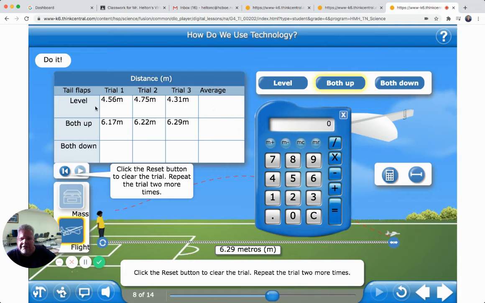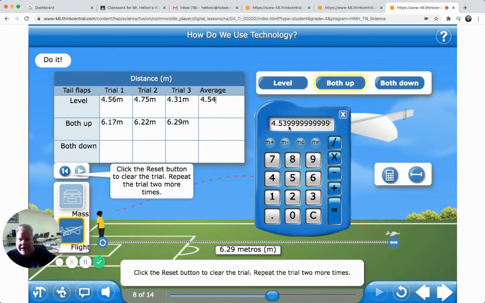So do you know how to find an average? What you do is add the numbers together, and then you divide them by how many numbers there are. So how many are there right here? 1, 2, 3. So let's add them together. 4.56 plus 4.75 plus 4.31 equals, and we're going to divide it by 3, and our average is 4.53 with a bunch of 9s, so we'll make it 4.54.